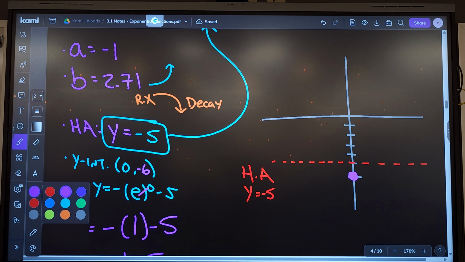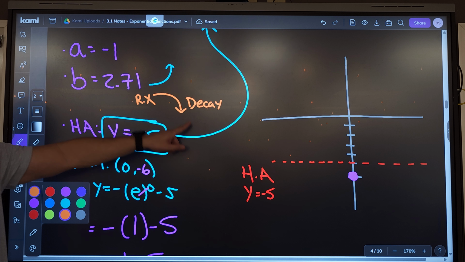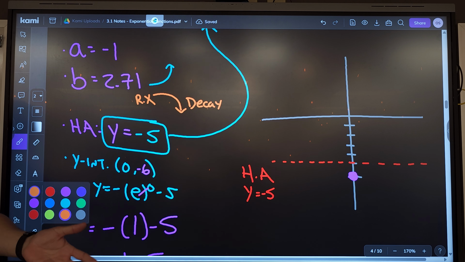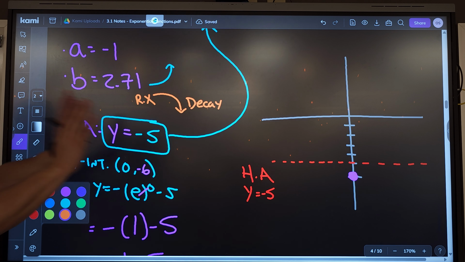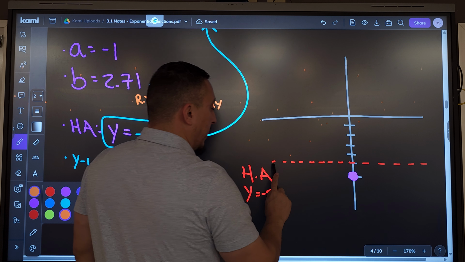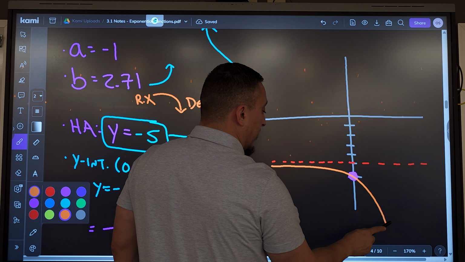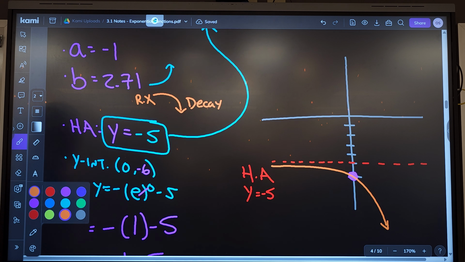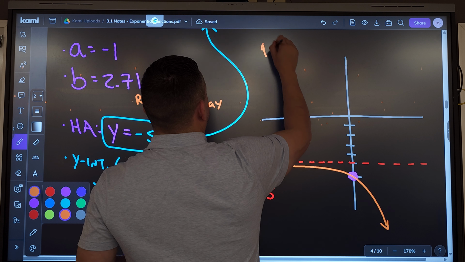And I have the preview of what it should look like, that orange one, right? Because it's flipped. So how can I put that on here? Like this. Because it can never touch or pass that asymptote. So once we have that, we can answer everything else.